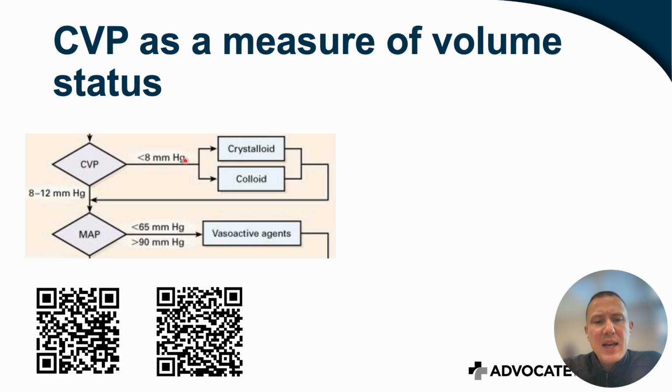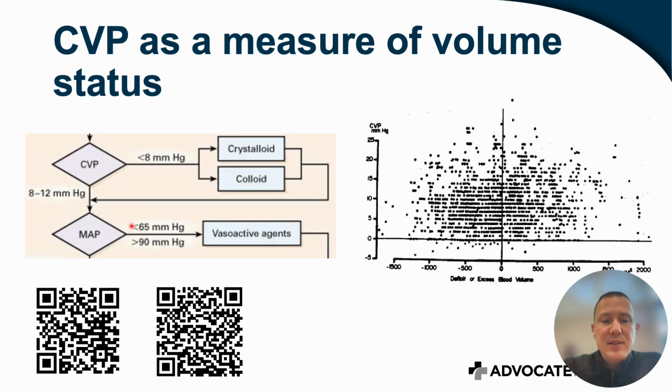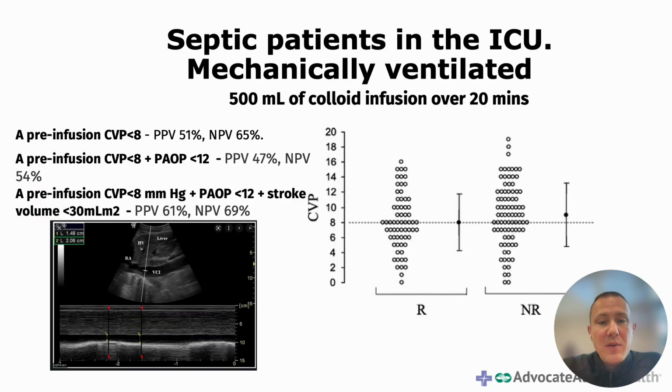So if CVP is less than 8, some protocols mention administration of crystalloid or colloid to achieve a target mean arterial pressure of 65. Well, the problem with that is that CVP really has a very low correlation with volume status, like was nicely shown in this paper. As you can see, you have any range of CVP and any range of volume status, and there is no correlation of those parameters whatsoever.